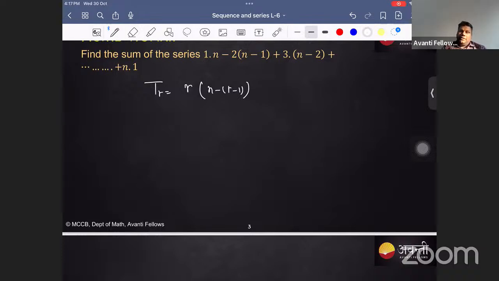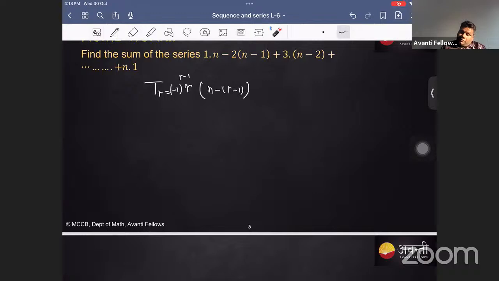Getting my point? So n minus 1 outside is 2, n minus 2 outside is 3, n minus 4 outside is 5 and so on and so forth. Multiply this by minus 1 raised to the power r minus 1. Now after finding the rth term in such cases, always cross-check by putting values of r as 1, 2, 3 to see if you are getting the right term or not.